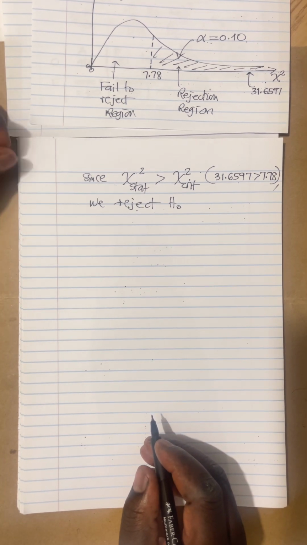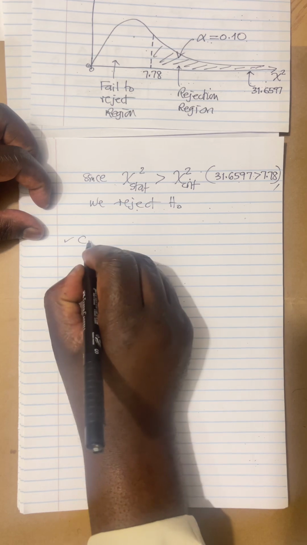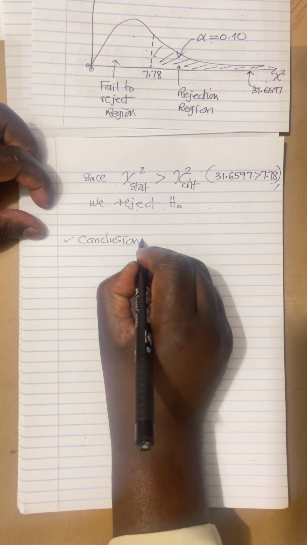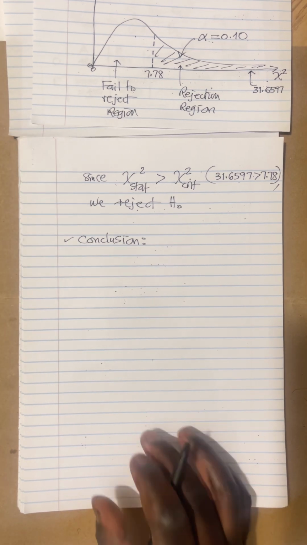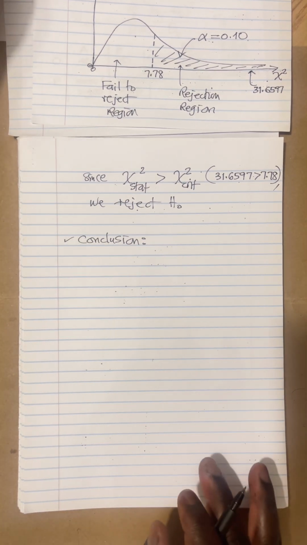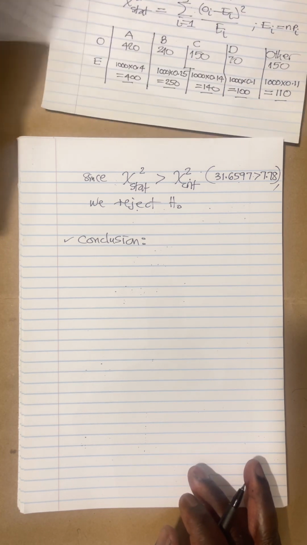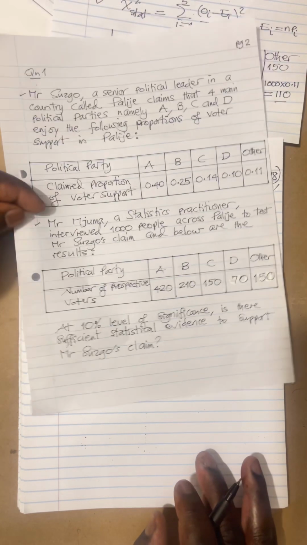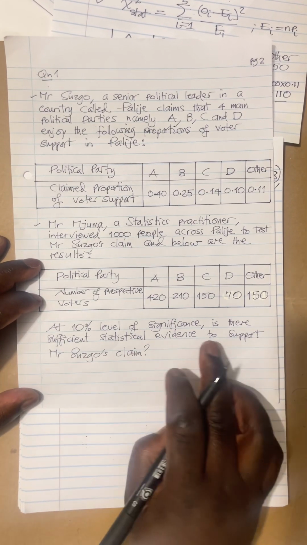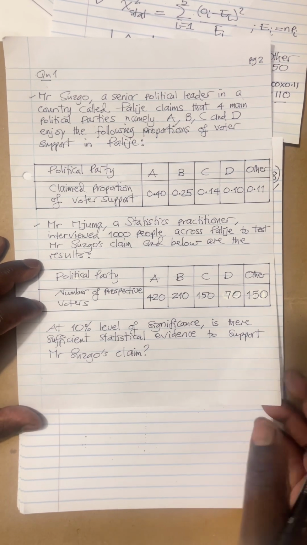Now let's go to the conclusion then, which is step number 6. Conclusion. This is where we're going to respond to this question here, which says, at 10% level of significance, is there sufficient statistical evidence to support Mr. Suzio's claim?